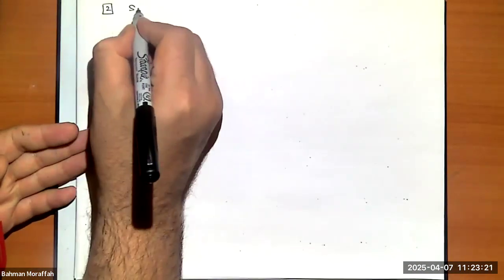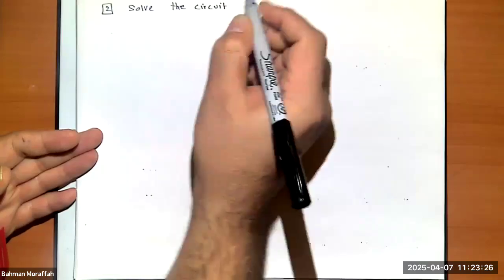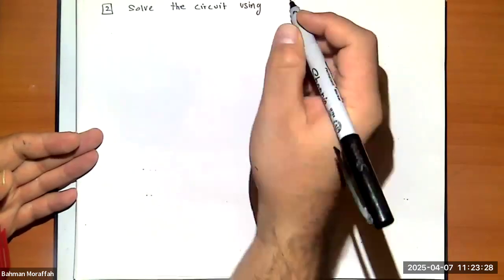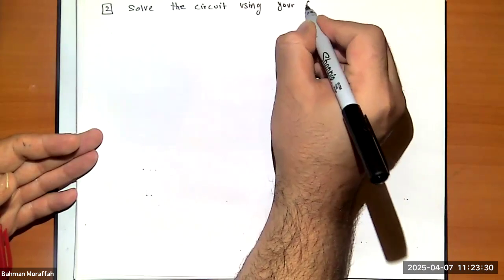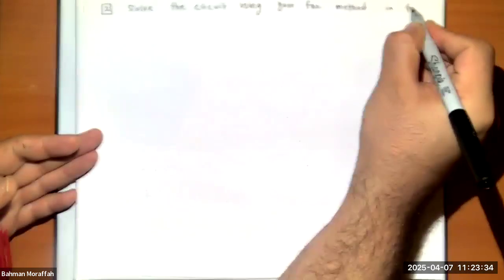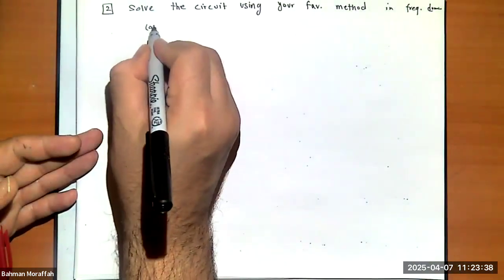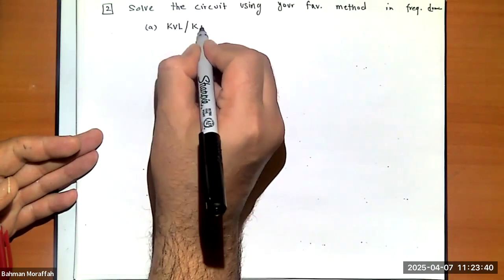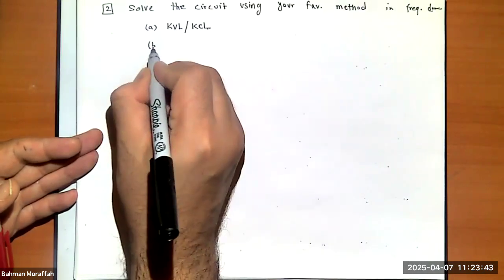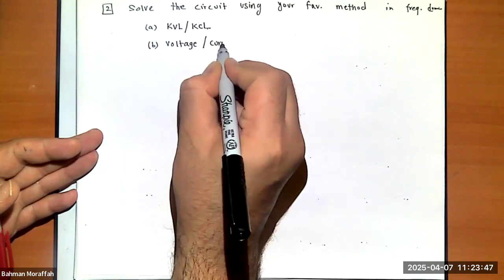So the idea is that step 2, solve the circuit using your favored method in the frequency domain. So for example, you can do KVL, KCL. You can do voltage or current divider.